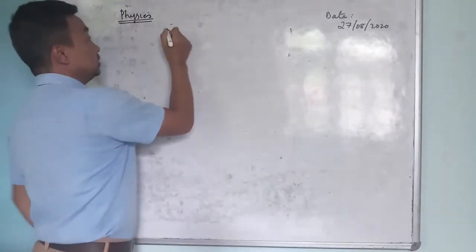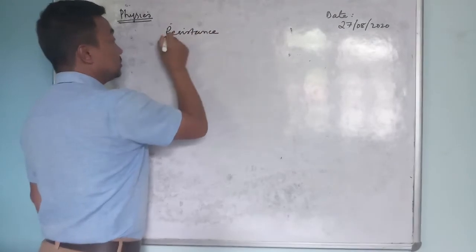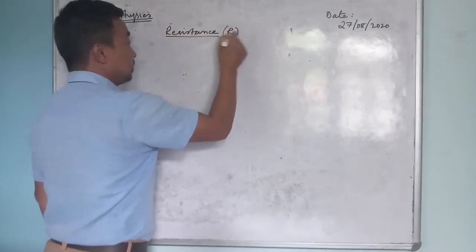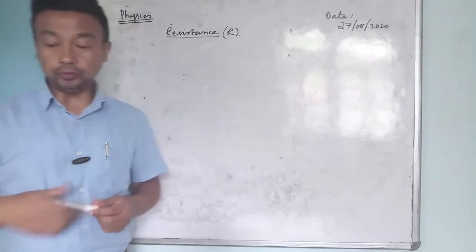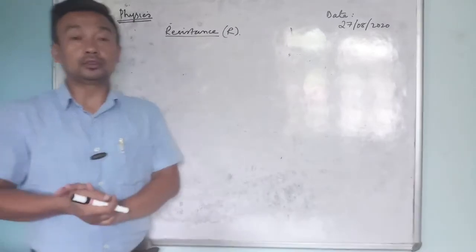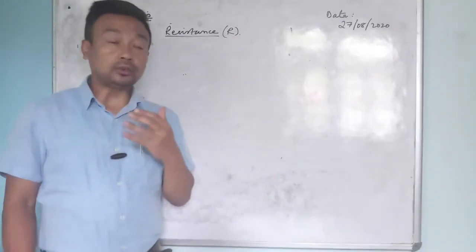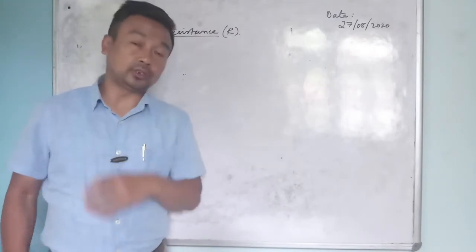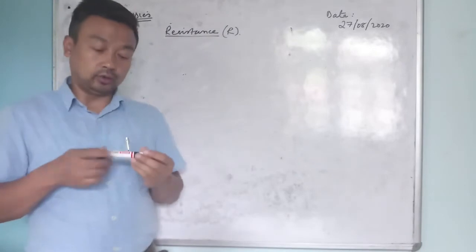So the last term that we discuss is resistance. If you look at the word resist, all of you know resist means to decline or to kind of obstruct. So here what is being obstructed is the flow of the current in a wire.